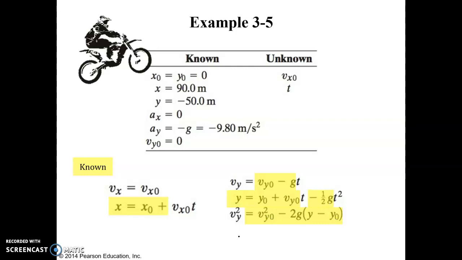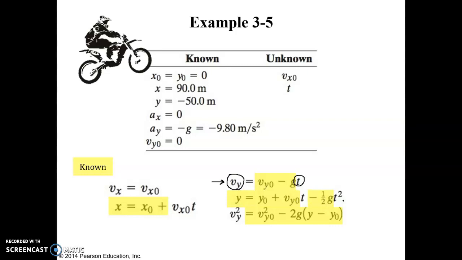So what we need to do is to look at these formulas, and based on what we know, we want to choose a formula in which we know everything but one variable. So for instance, this first equation right here, if we were to consider using this one first, this would not be a great choice because we don't know the final velocity in the y direction, and we don't know how much time the motorcycle spends in the air. Two unknowns we can't solve for.